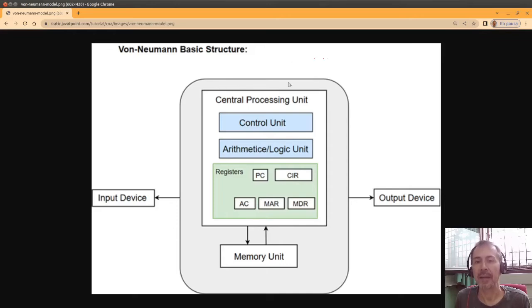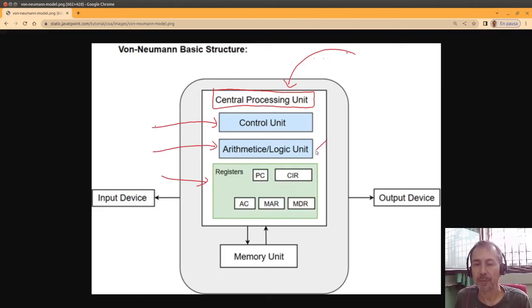What he proposed was to have a central processing unit. It was the same central processing unit for whatever program you needed to run. The central processing unit was composed of a control unit, an arithmetic logic unit, and some registers.